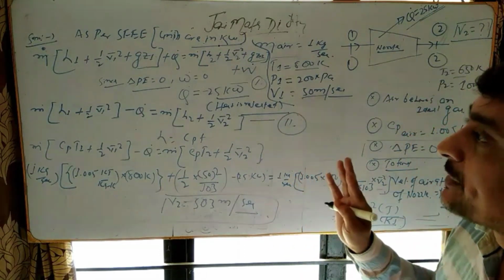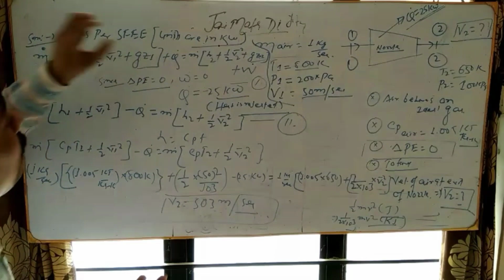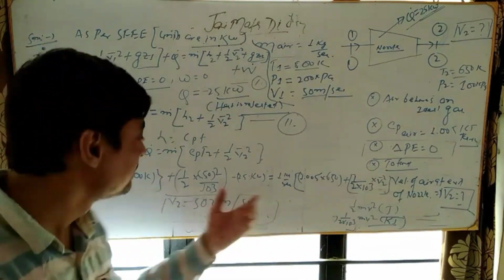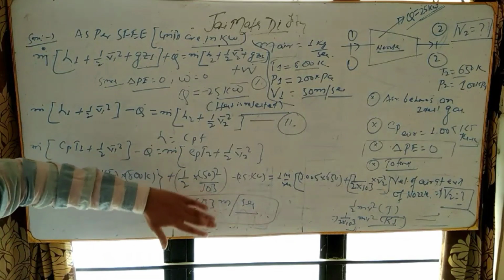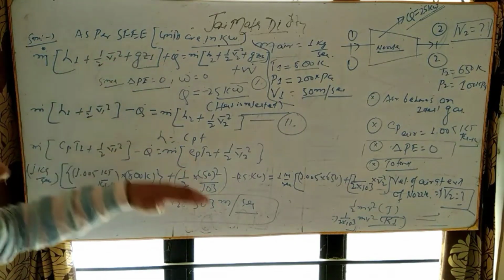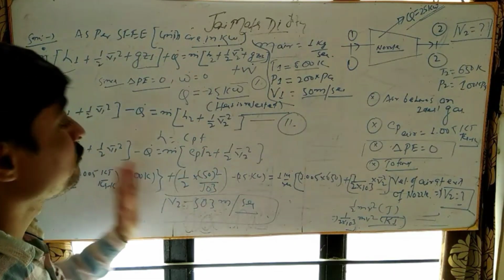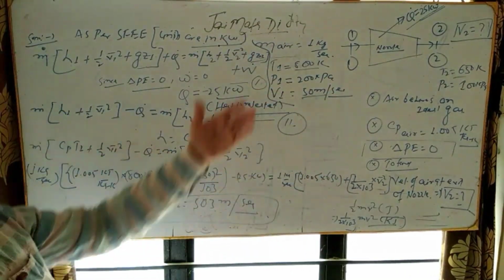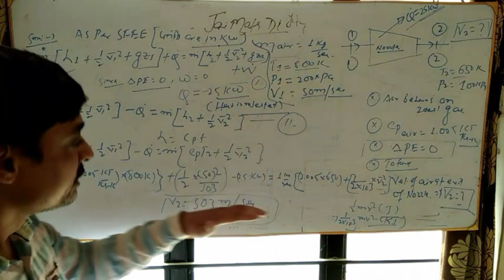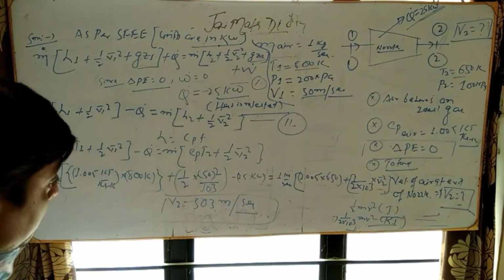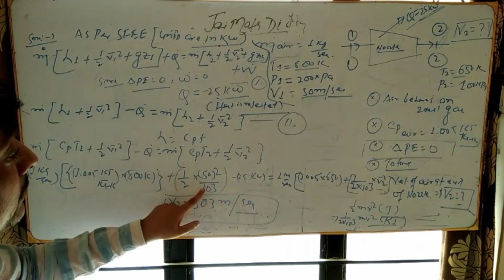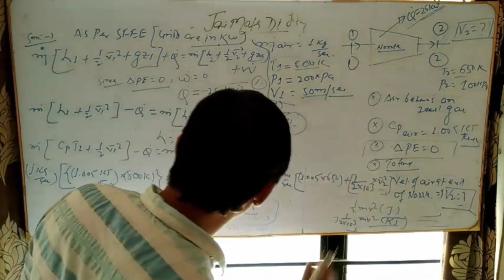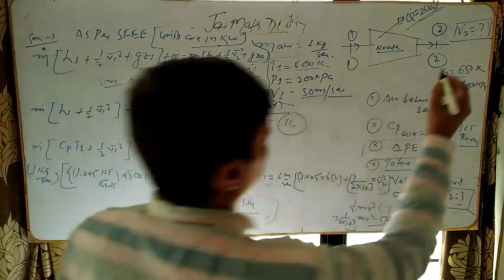So whenever you solve this problem and put numerical values in this equation, don't forget to divide this term by 1000. So this is the velocity of air at the exit of the nozzle.